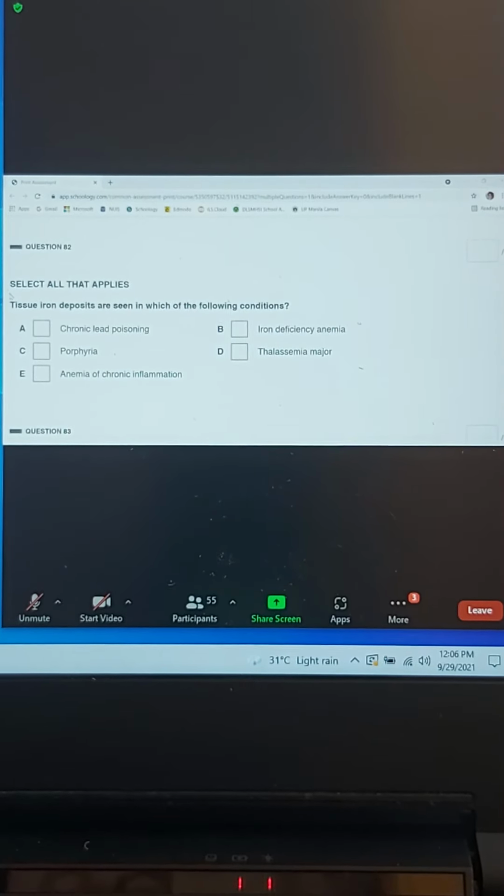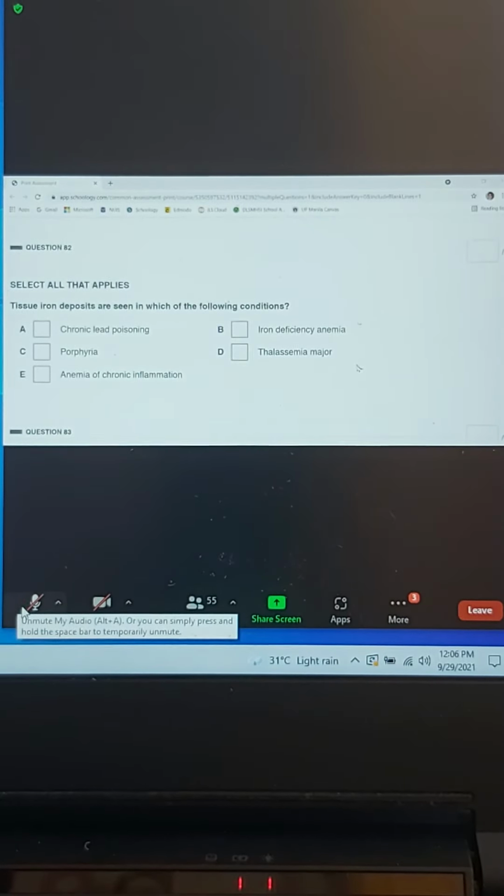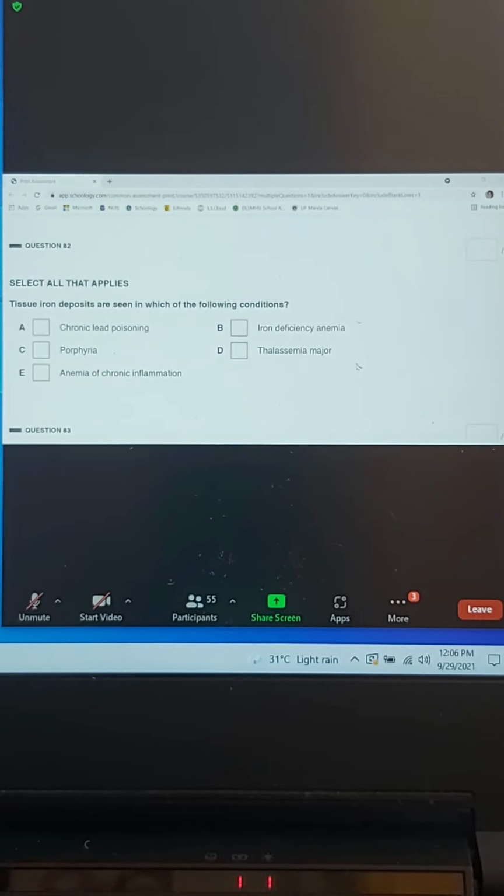So lahat dyan naiipon no, yung iron. Ano nga ulit yung gamot na binibigay sa mga thalassemia major patients? Deferoxamine. So iron chelating agent.